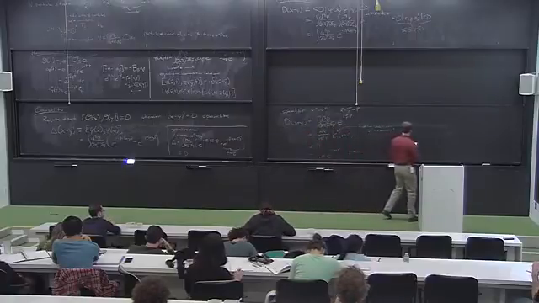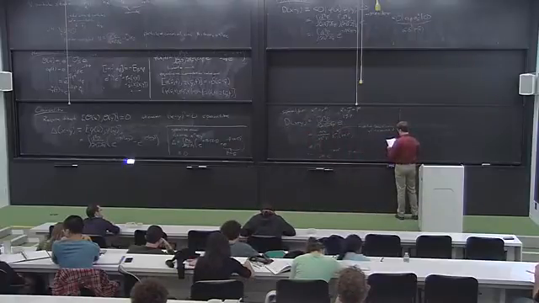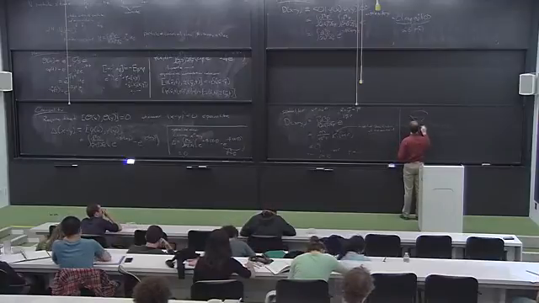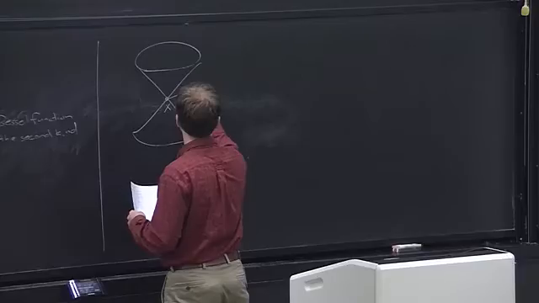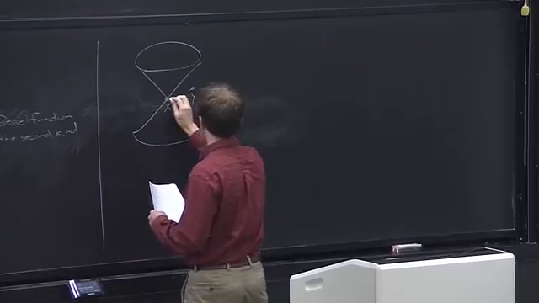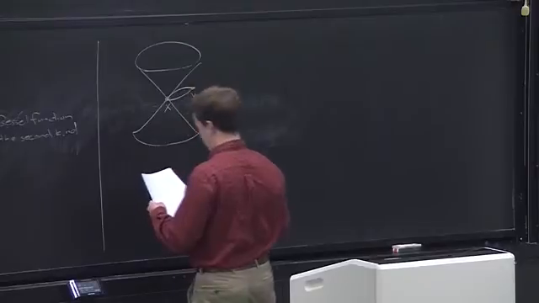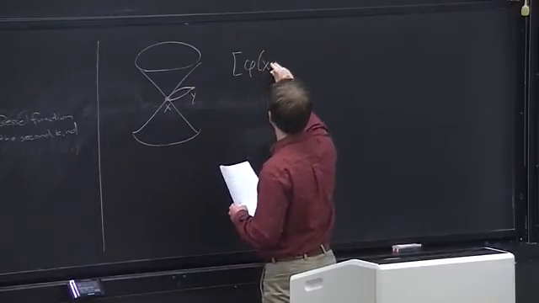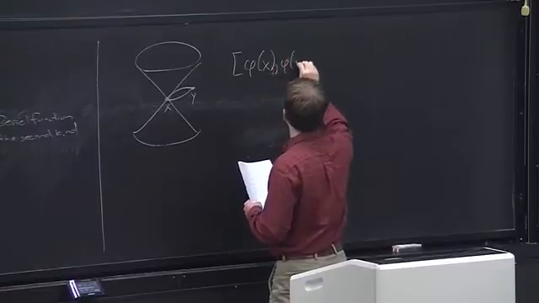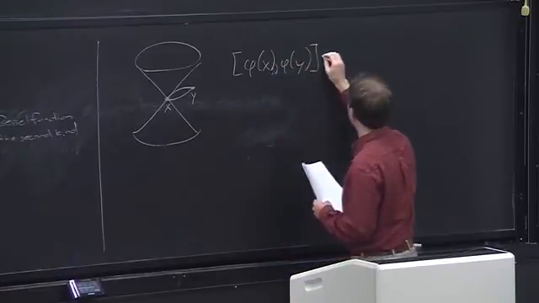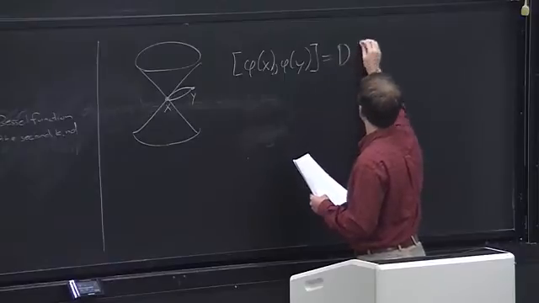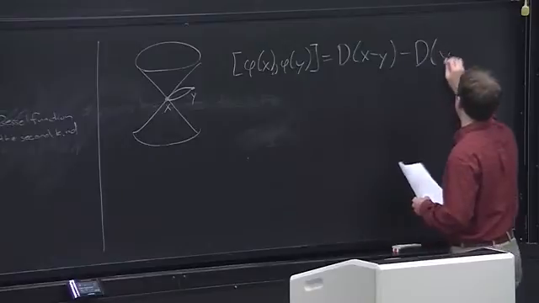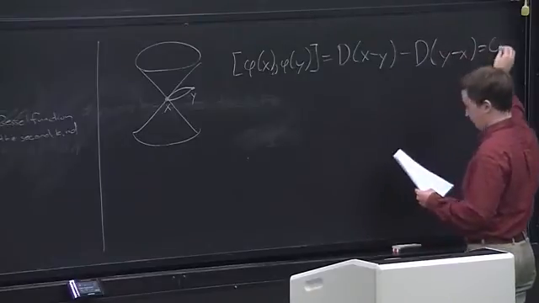So what's going on here? We're looking at 2 points outside the light cone. Here's x. Here's y. And we showed that the commutator [phi(x), phi(y)], which is just D of x minus y minus D of y minus x, is 0.